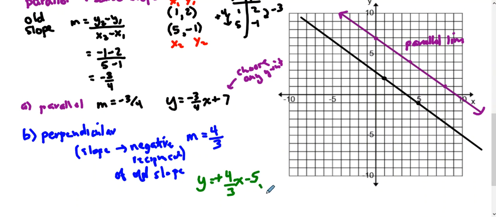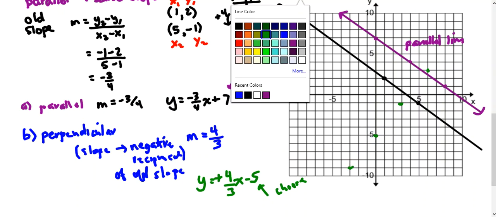But I can just choose any y value. You choose. Up 4, run 3. Up 4, run 3. Down 4, run 3.